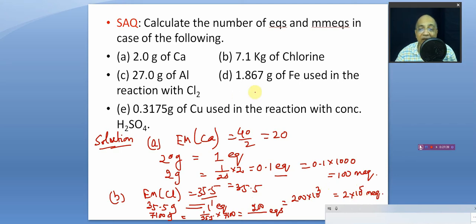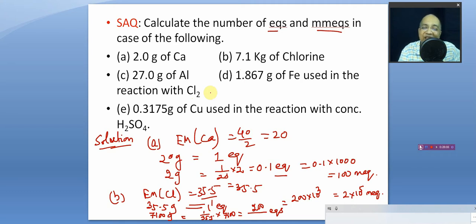In the same manner, you proceed to find the number of equivalents and milliequivalents for 27 gram of aluminium, and 1.867 gram of iron, if it is used in the reaction with chlorine. I remind you that the reaction I have already shown you: iron reacts with chlorine to produce ferric chloride.